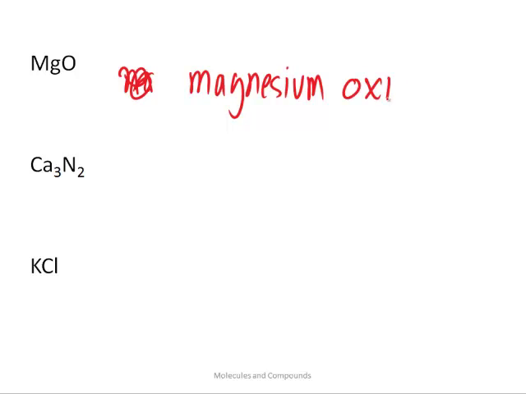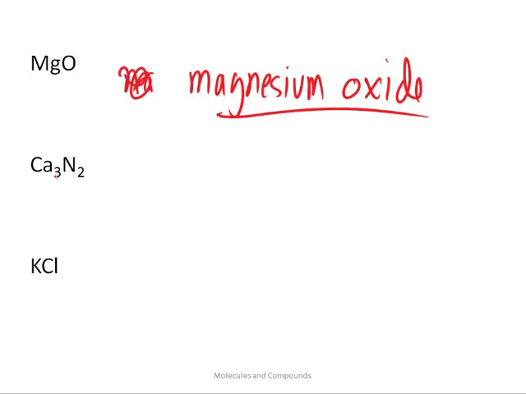We've got a formula of MgO. We know that Mg is the elemental symbol for magnesium. And when oxygen is an anion, we know it is called oxide. So magnesium oxide. We know that calcium had a +2 charge, nitrogen had a -3 charge, so that creates a formula of Ca3N2.